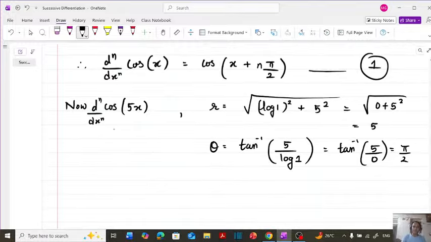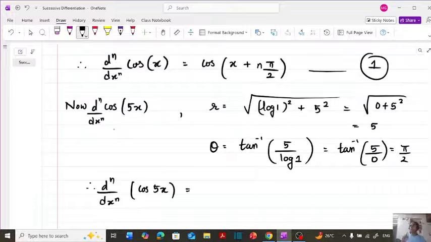So here you are going to have the nth derivative of cos 5x as, because the radius is available, the radius is going to give you 5 to the power n, r to the power n, right?